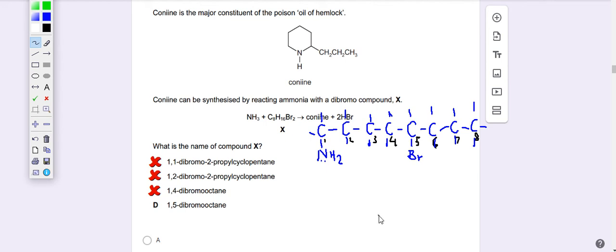That means in the product, the nitrogen will be bonded to carbon number 5 and also number 1. Carbon number 5 is also bonded to carbon number 4, 3, 2, and 1.